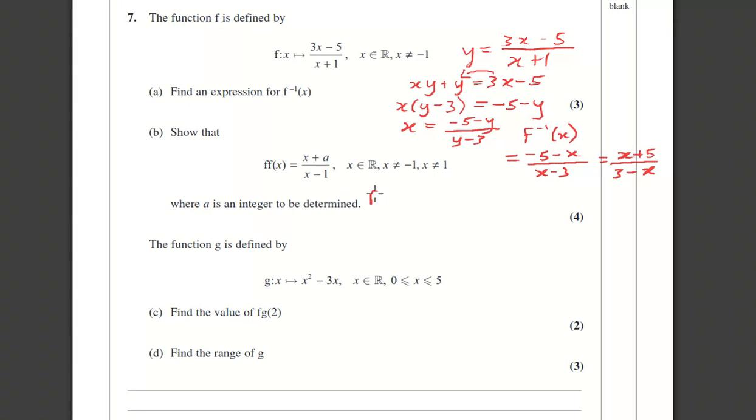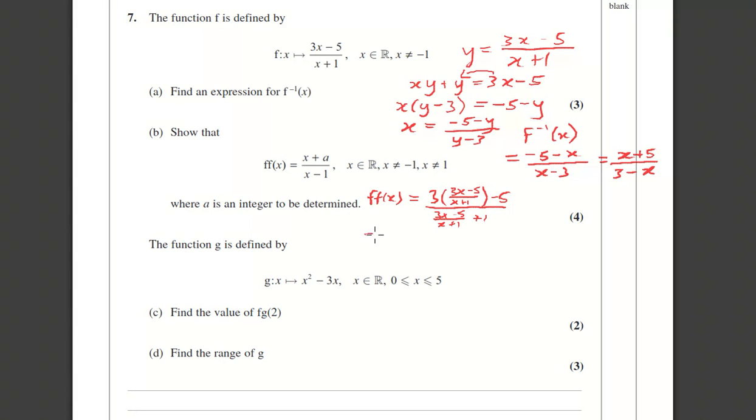Okay, we've now got to find f of f of x, which sounds like quite good fun. So f of f of x is where you plug f into f, which is kind of weird. So we're going to be doing 3 times (3x minus 5 over x plus 1), minus 5, over (3x minus 5 over x plus 1) plus 1.